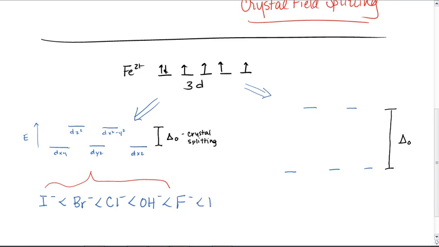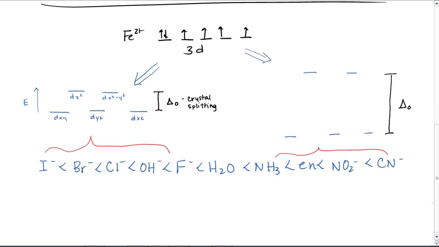And then if we keep going, I hit water and ammonia and ethylenediamine and nitrite and cyanide. And down at the other end here, these tend to cause a much larger split. There's a bigger repulsion factor going on, and so the field splits more and causes a bigger difference in energy. The ones that are the halogens at this end, these are called weak field ligands.